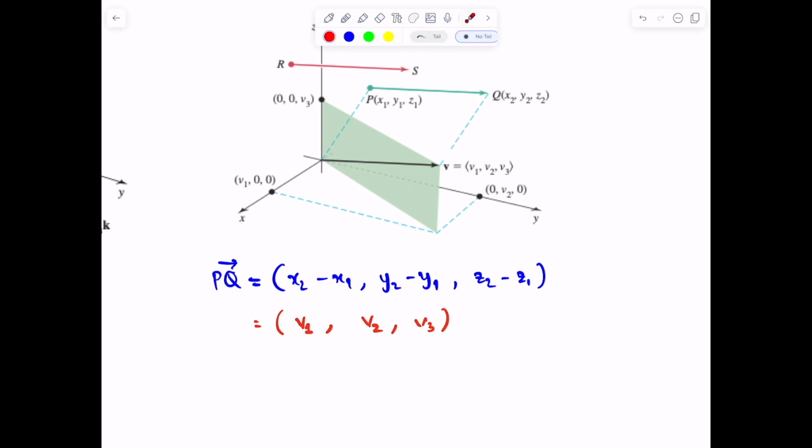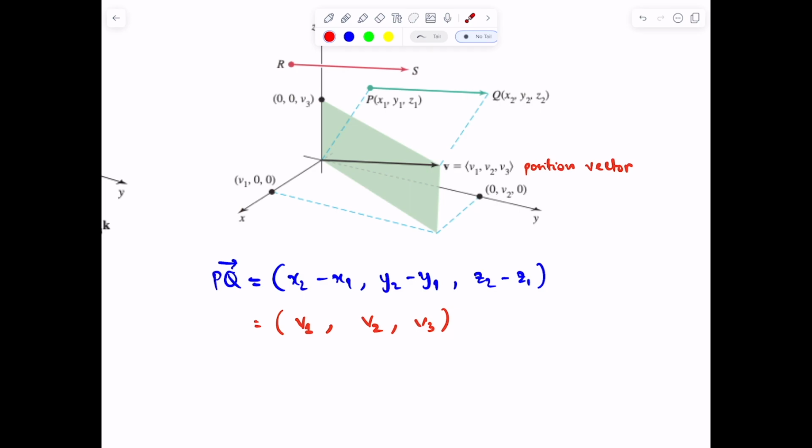So again, this vector is the vector PQ, and this vector right here in black is called the position vector. The position vector is the vector starting at the origin and parallel to the vector PQ.